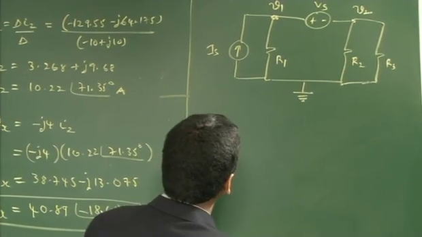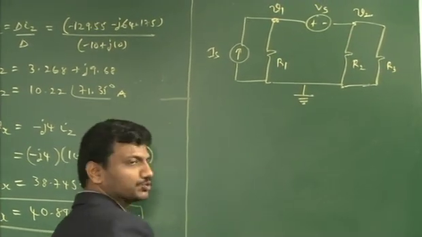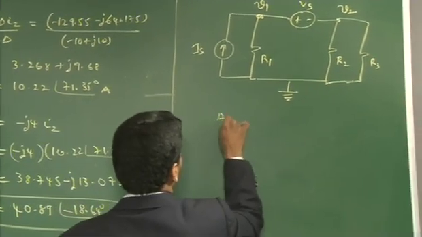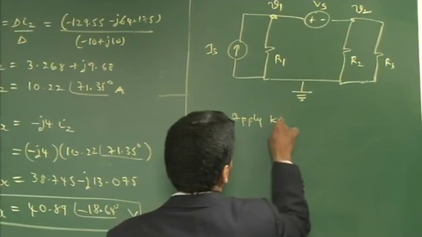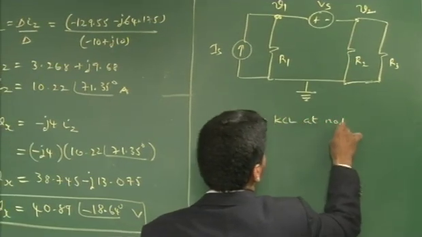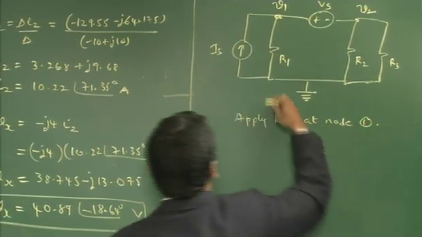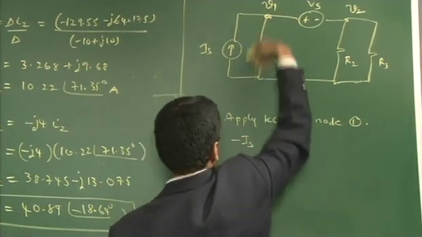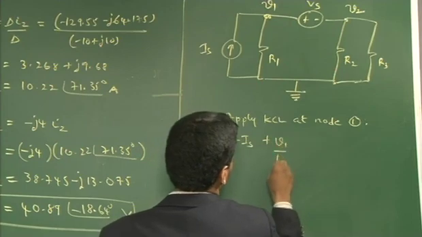Now, we will apply the usual node analysis method to find V1 and V2. So, apply KCL at node 1. What is the current that comes out of this node in this direction? Minus Is. What is the current that comes out of this node in this direction? V1 by R1.